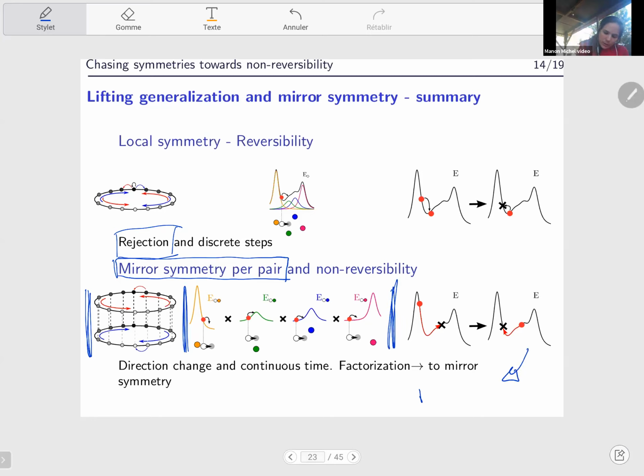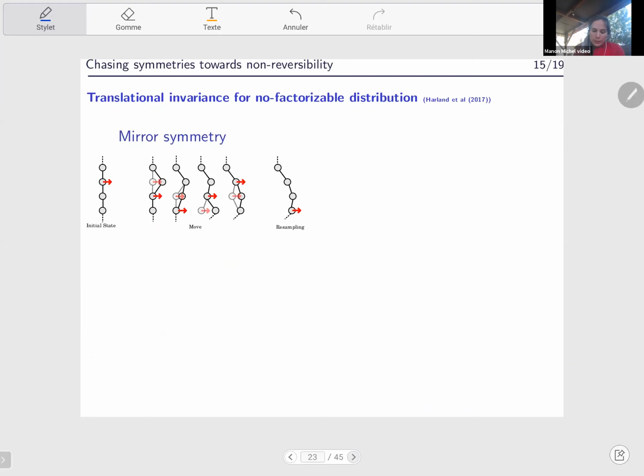And then this will give rise to the PDMP and all the analysis that has been going on for a few years on that. And also the question is how to upgrade from the mirror symmetry to a more global one and to more general potentials. And this is what has been going on for a few years. So for instance, take these polymers, okay?